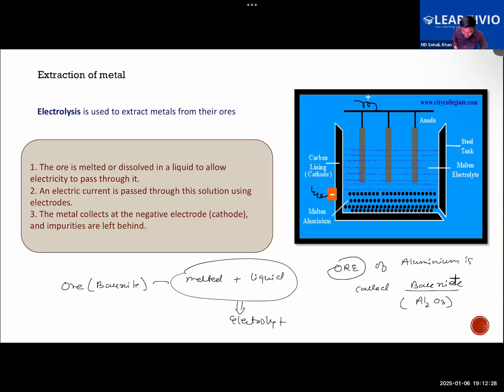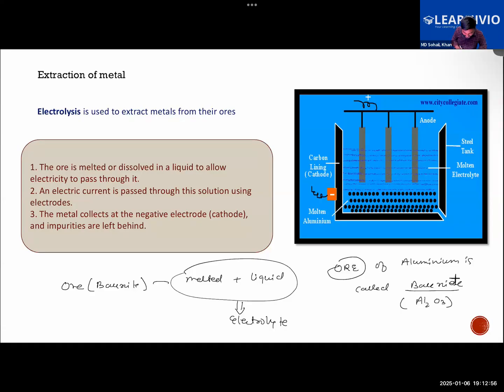Further, you can see that the anode is also taken here. As soon as the electric current is passed through this, this molten electrolyte will break up into aluminum and oxygen basically.